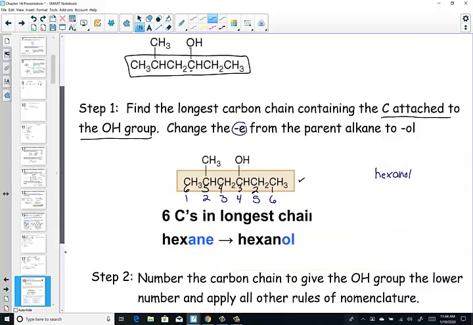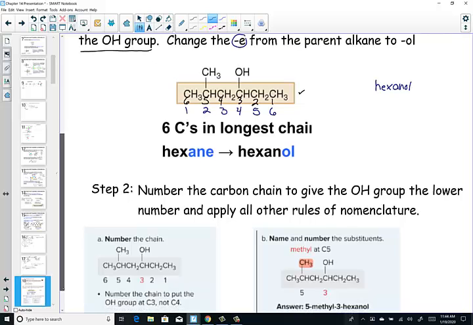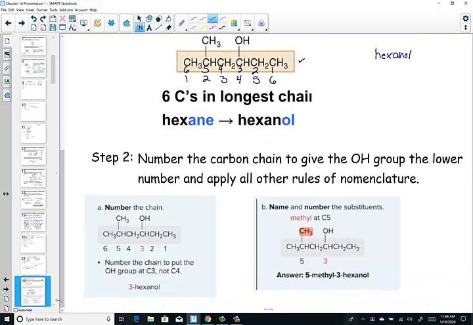Hexane becomes hexanol. Now, when we number alcohols, this is very important, the hydroxyl gets the priority. It must have the lowest number possible, regardless of what the other branches receive. Number the carbon chain to give the hydroxyl group the lower number, and then apply all other rules of nomenclature.